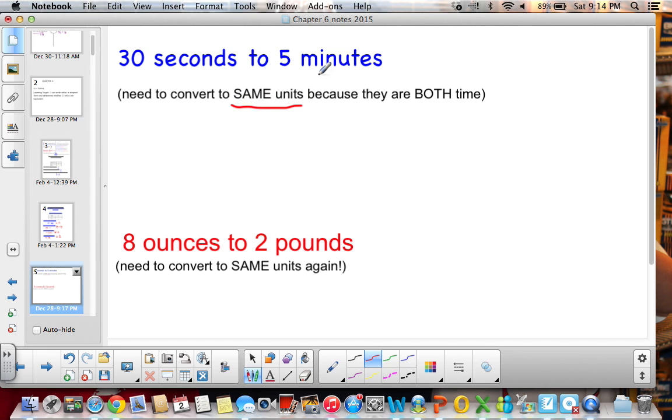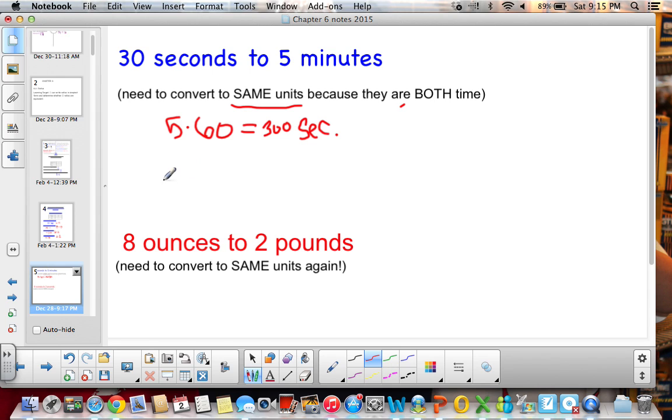So what we would need to do is figure out how many seconds are in 5 minutes. And we know that there's 60 seconds in a minute. So 5 times 60 equals 300 seconds.